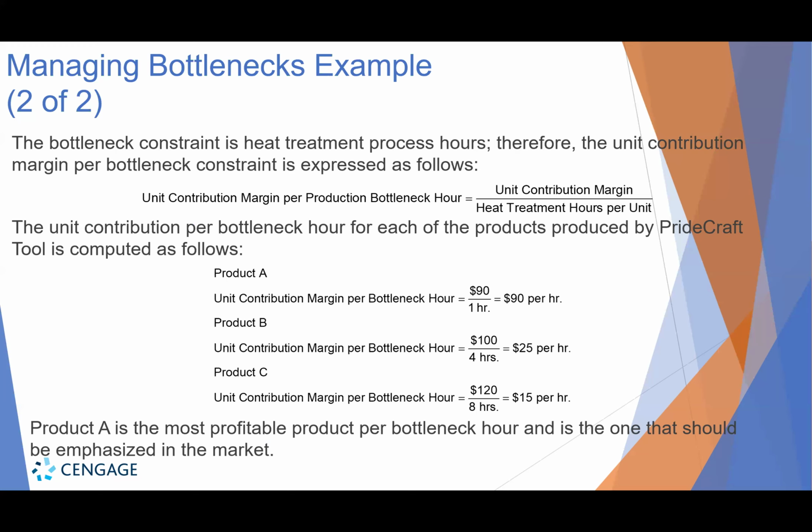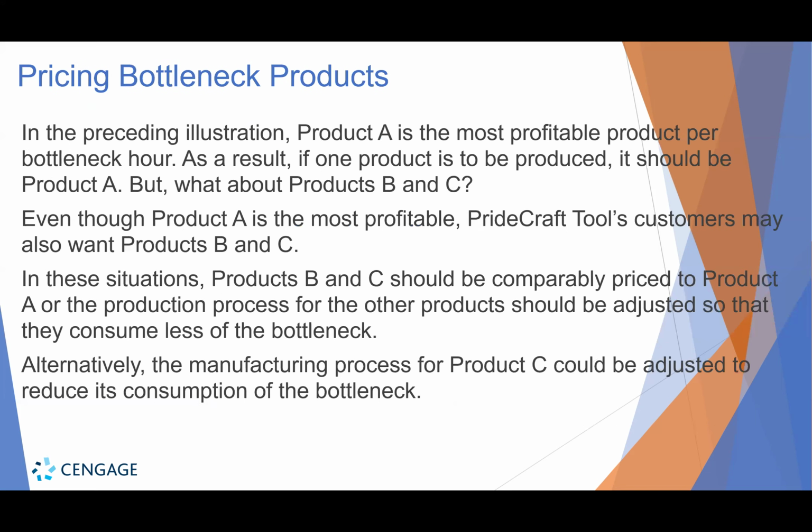With product B, we've got $25 per hour. And then our unit contribution margin for product C per bottleneck hour is at $15 per hour. Of course, product A is going to be the most profitable. Product A is the most profitable product per bottleneck hour.